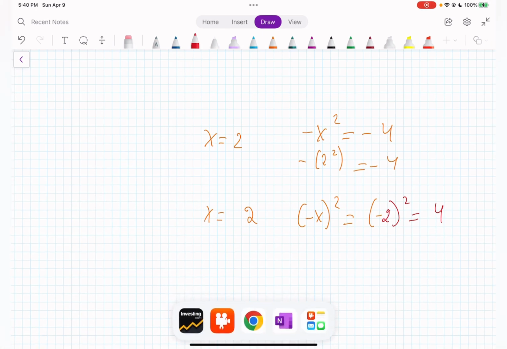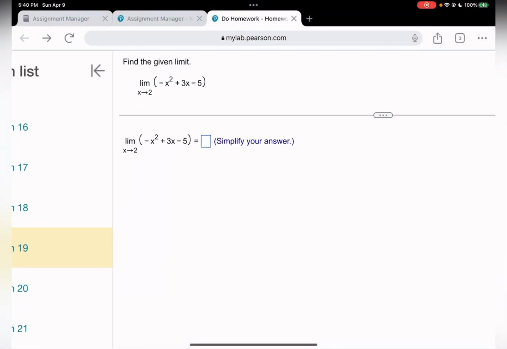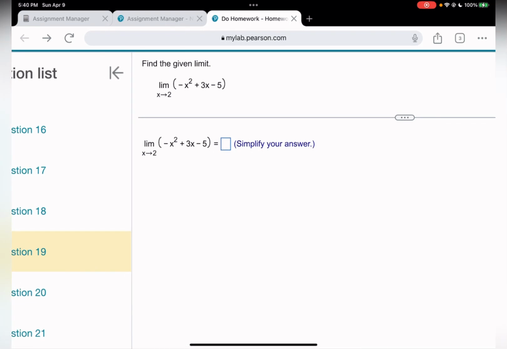Now because the negative here doesn't belong to x, it's like negative 1 times x squared. Therefore, I'm raising 2 to the power 2, which is 4, and then putting a negative sign in front. So the first term is negative 4. The second one will be 3 times 2, which is 6. Negative 4 plus 6 is positive 2. And 2 minus 5 is 3.